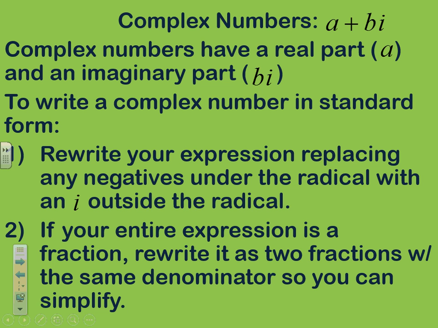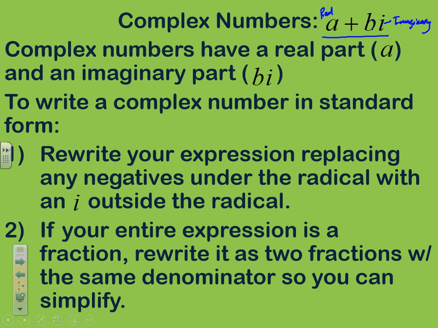Now, we've already seen that complex numbers come in the form of a plus bi, where a is a real part, i is the imaginary part, and this b is also a real coefficient that's going to be multiplied to the imaginary number. So again, copy down the examples here as far as step-by-step stuff.